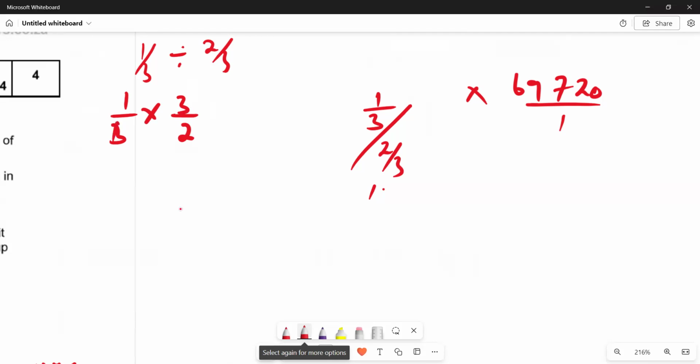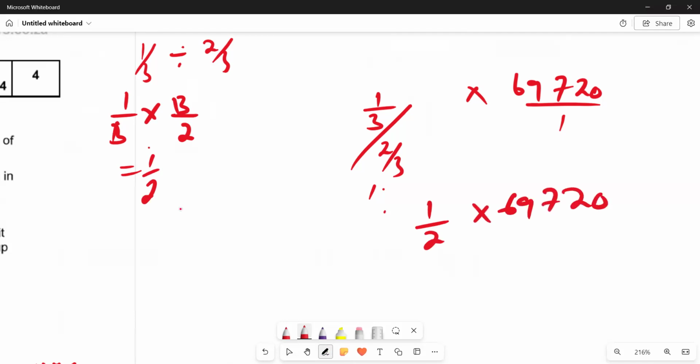Then this one will cancel each other. So the fraction becomes 1/2 now, 1 over 2. So here we are saying 1 over 2 times 69,720. Let's try to see what we get there.